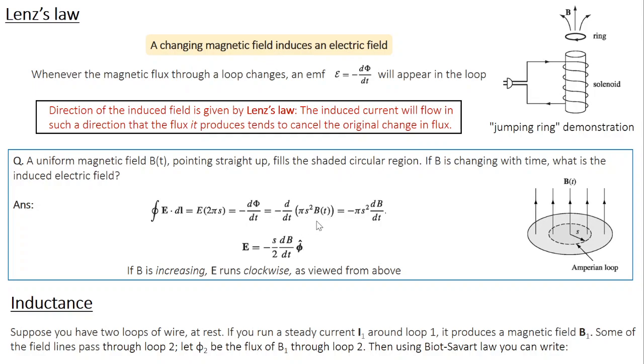So when you take the derivative of this, you get minus pi s squared dB by dt. Now the direction is circumferential, which is indicated by the azimuthal unit vector phi cap. So if B is increasing, the electric field is along the clockwise direction. On the other hand, if the strength of the magnetic field is decreasing, then the electric field will be along the counterclockwise direction.